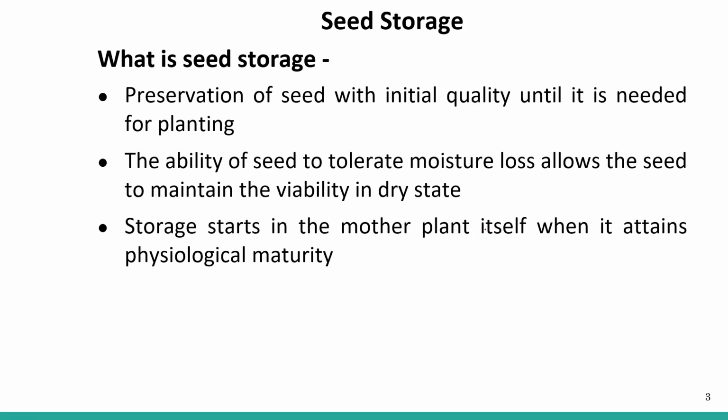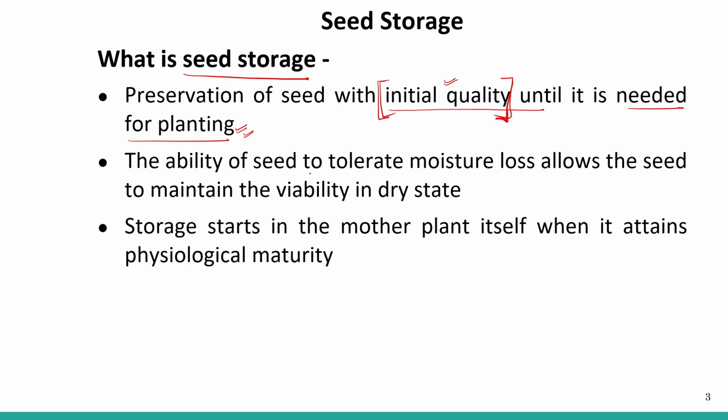So let us start. Preservation of seed with initial quality until it is needed for planting. The seeds that we get initially from the crop after harvesting are called the initial quality of the seeds, and we want to store that seed in that form only. So for that we need seed storage.